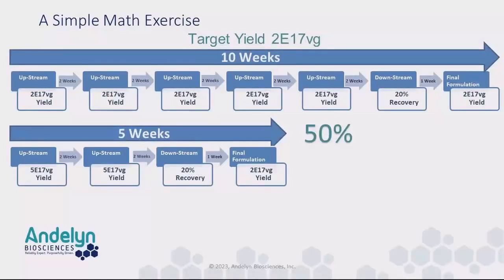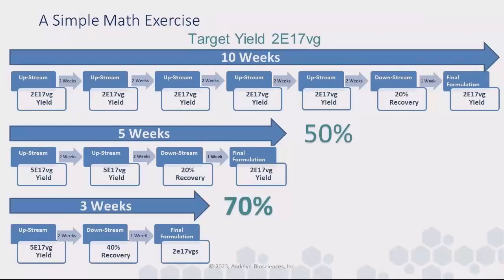Take that to the downstream, where if we can increase our recoveries by 2-fold, now all of a sudden we're at a 40% recovery. All we need is 1 upstream sublot, 1 downstream purification, and we meet the target yield in 3 weeks, and that translates to a 70% reduction in time and costs of goods.